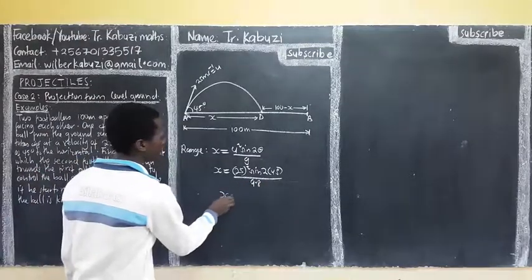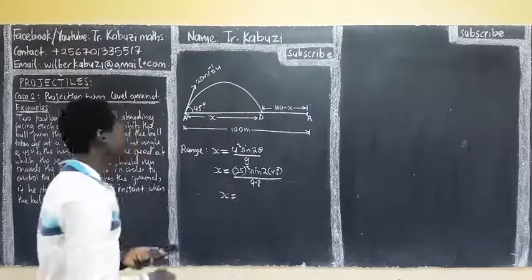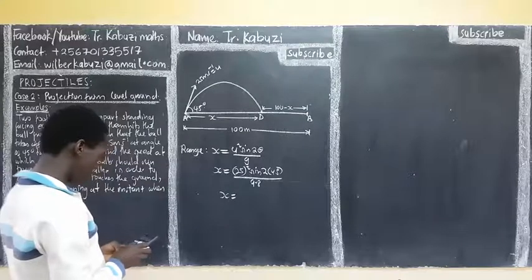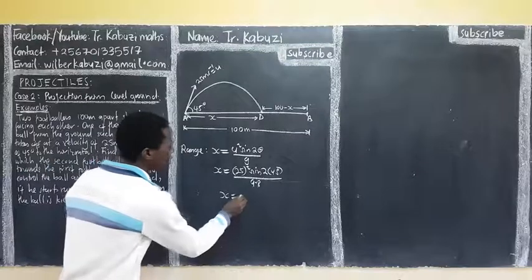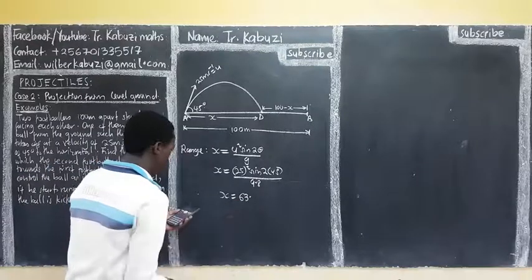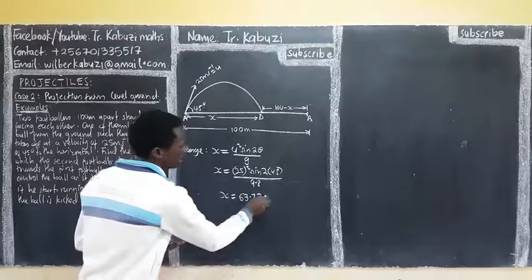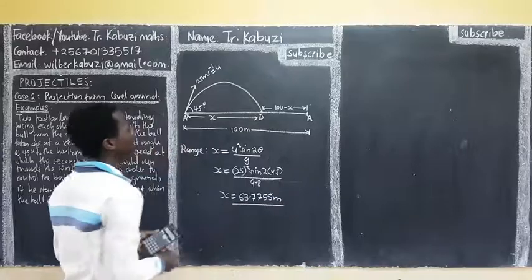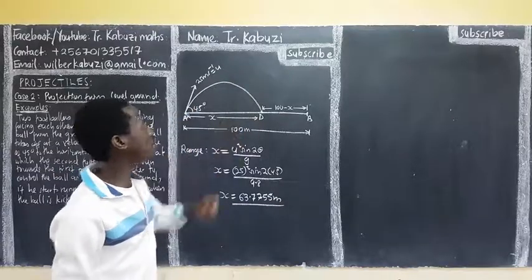So our x, that distance, is going to be 63.7755 meters.